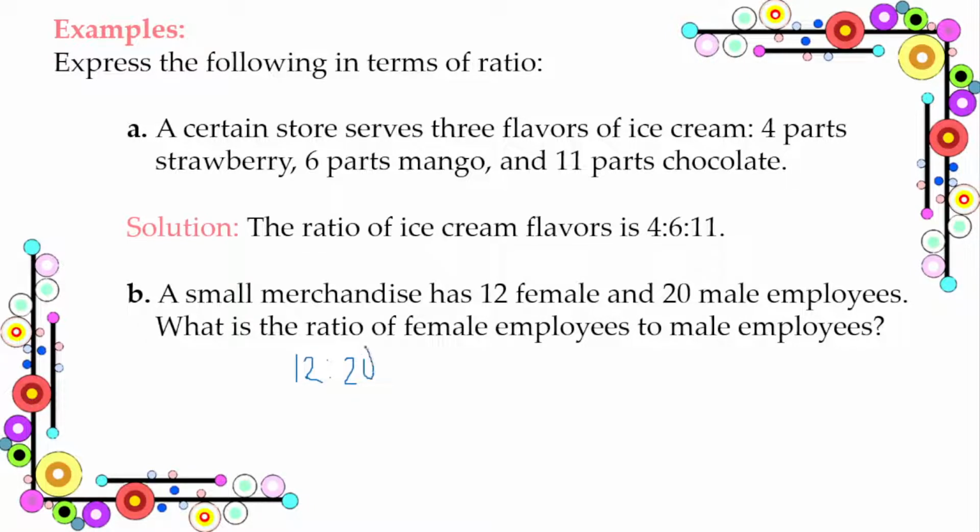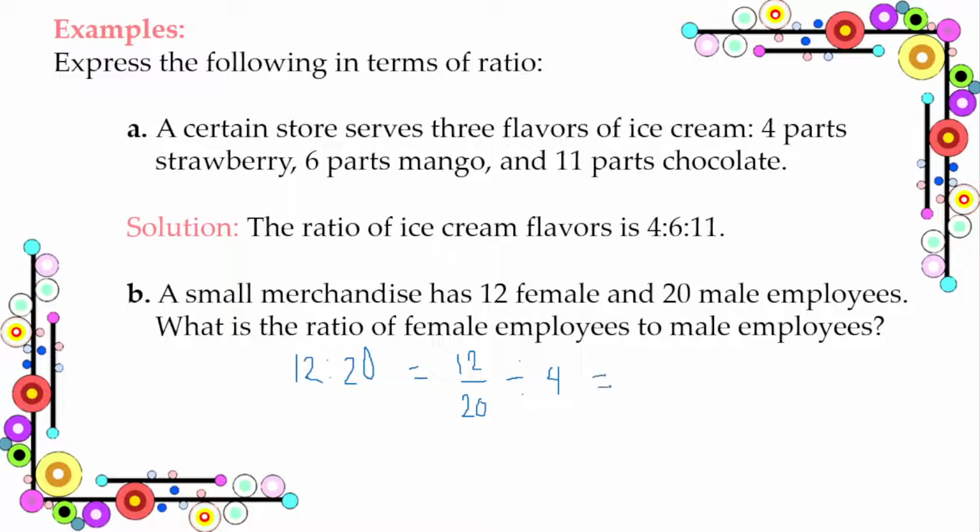Okay? So we need to simplify it to lowest term, or para po hindi kayo mahirapan, you can write this like this, 12/20, and then i-simplify natin into lowest term. So we divide both by 4.